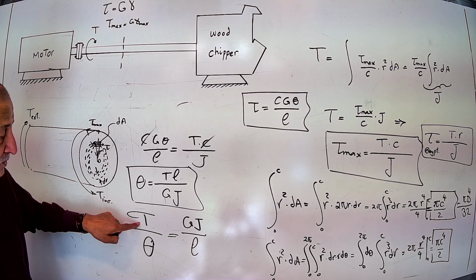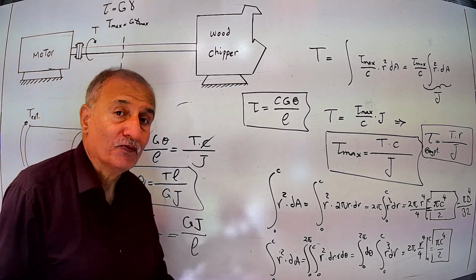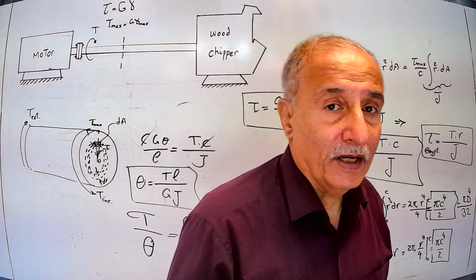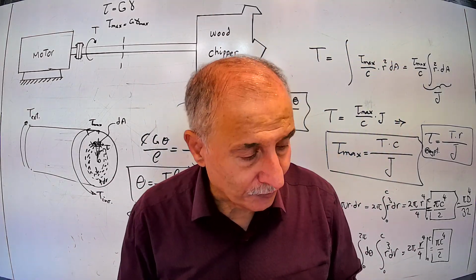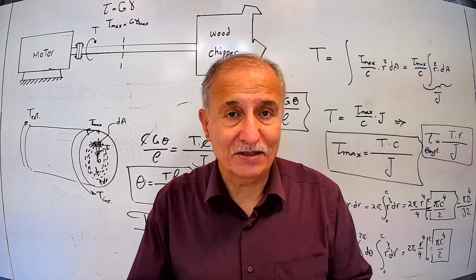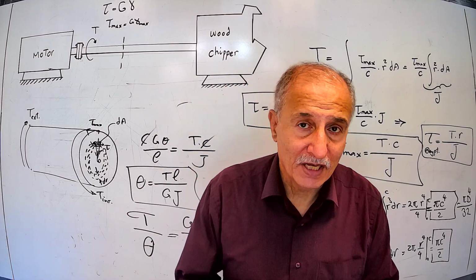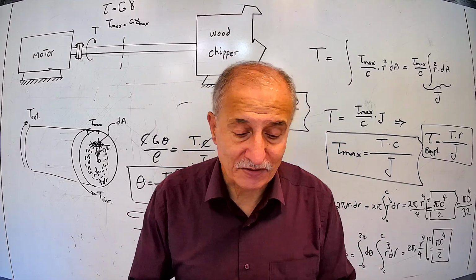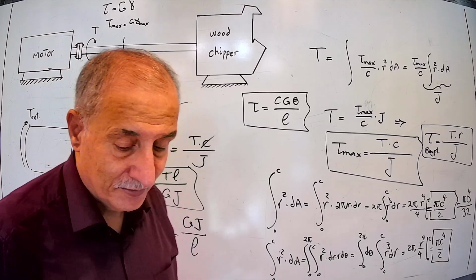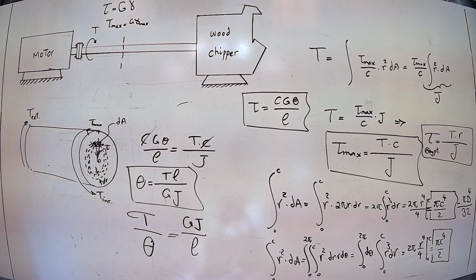It is the amount of torque required to produce one unit of twisting angle, theta. This is called the torsional stiffness of the shaft, T over theta.